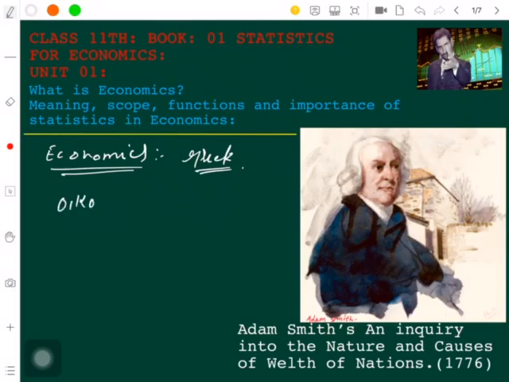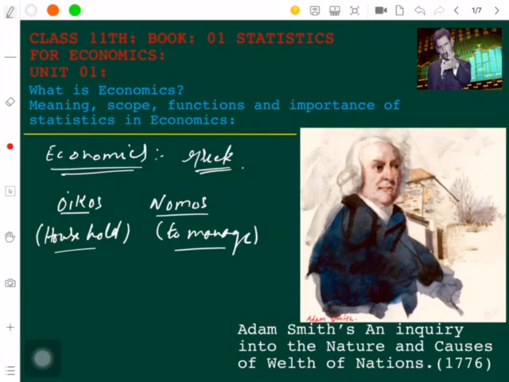One is oikos and the other is nomos. When we say oikos and nomos, oikos means household and nomos means to manage. If you look at these 2 words, household management, it simply says that it is a subject which helps you to manage with limited things in the most possible economic manner.